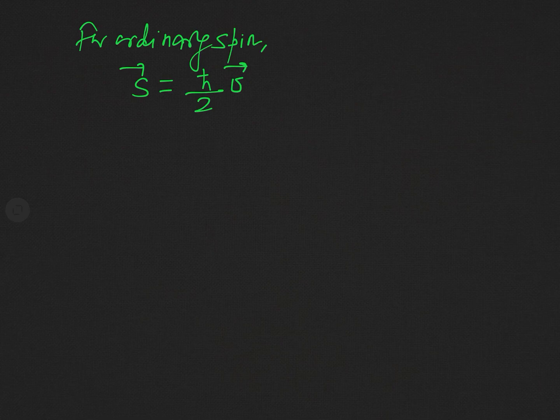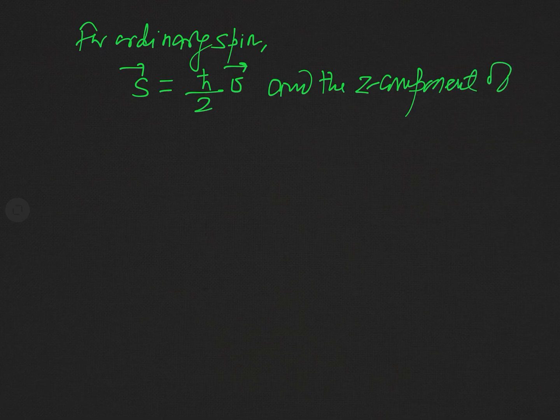Actually this sigma is the Pauli spin matrices, and the Z component of S, if we write the Z component by the symbol S3, or you may write it as SZ.